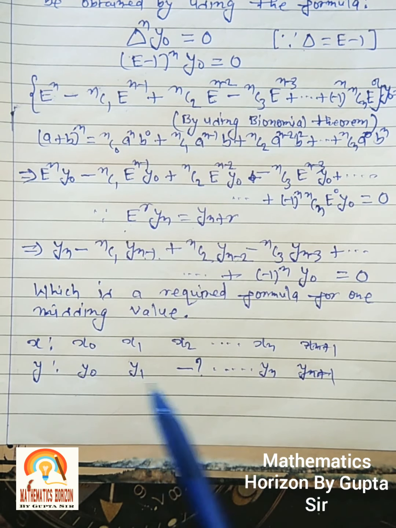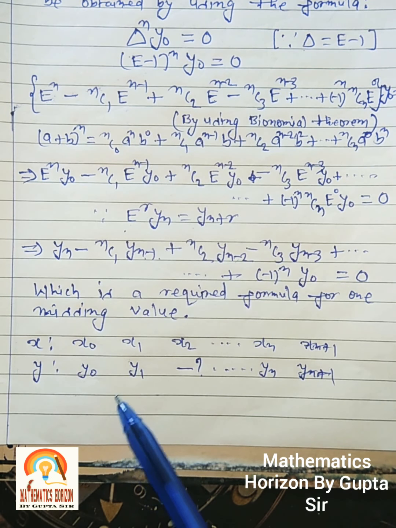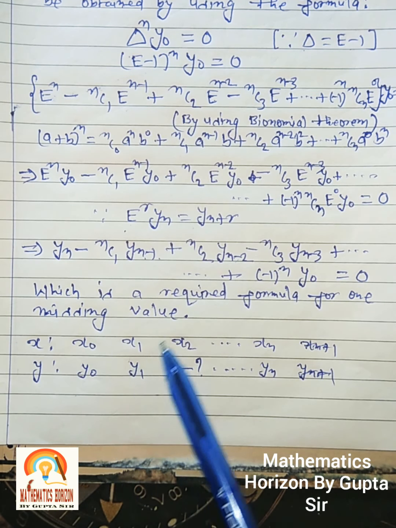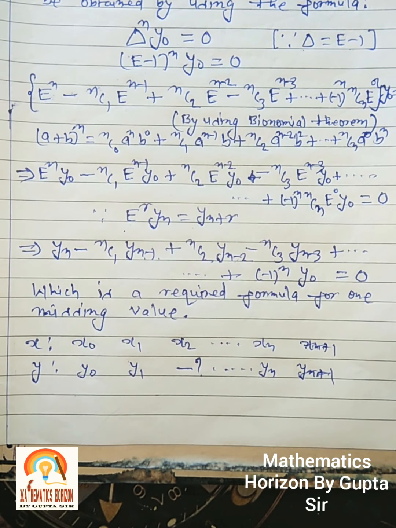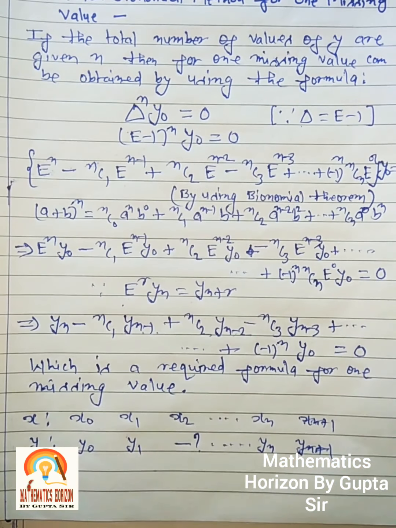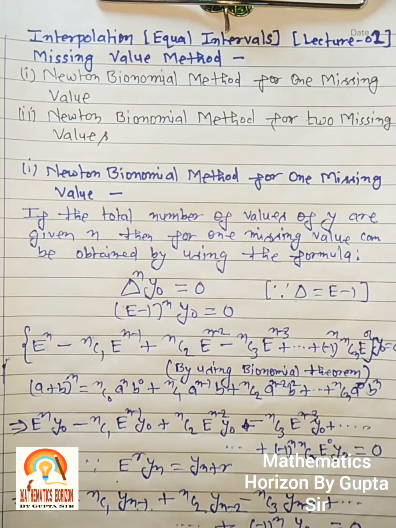With the help of this data we find the value of n, and we apply this formula and find the missing term. Now we will take an example for better understanding of this problem.